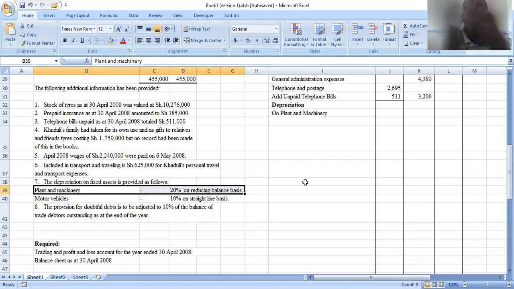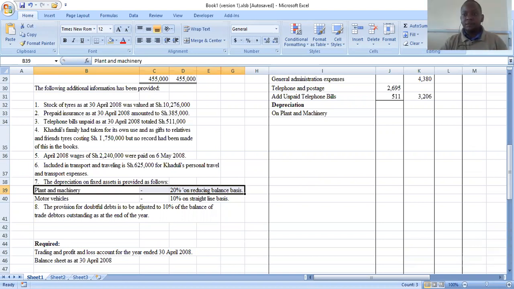On reducing balance basis, we charge a constant rate of depreciation on the reducing balance. The reducing balance is obtained by deducting the accumulated depreciation from the cost value of the asset, to get the book value, which will now be reduced. And then we take the percentage of depreciation from the reduced book value.